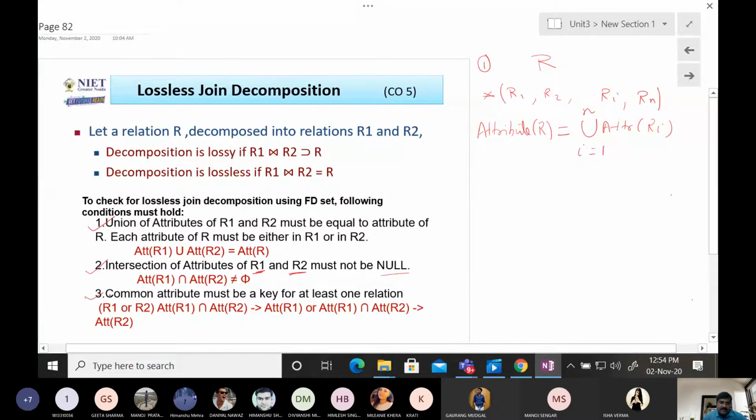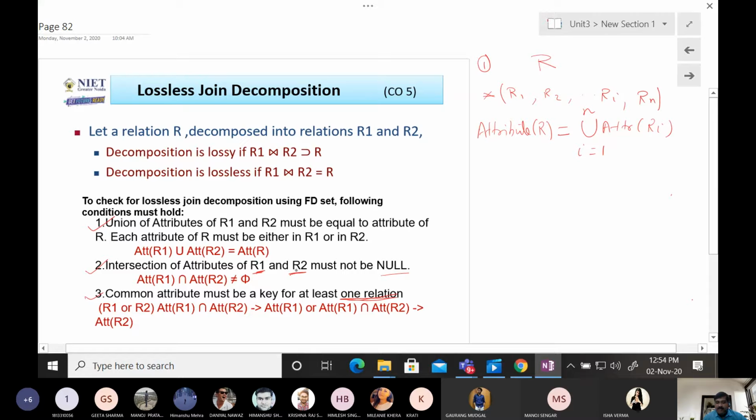And the third condition is, the common attribute R1 intersection R2 determines the attributes of R1 or attributes of R2 or attributes of both. And this is the definition of the candidate key. Means the common attribute must be a candidate key for at least one relation.